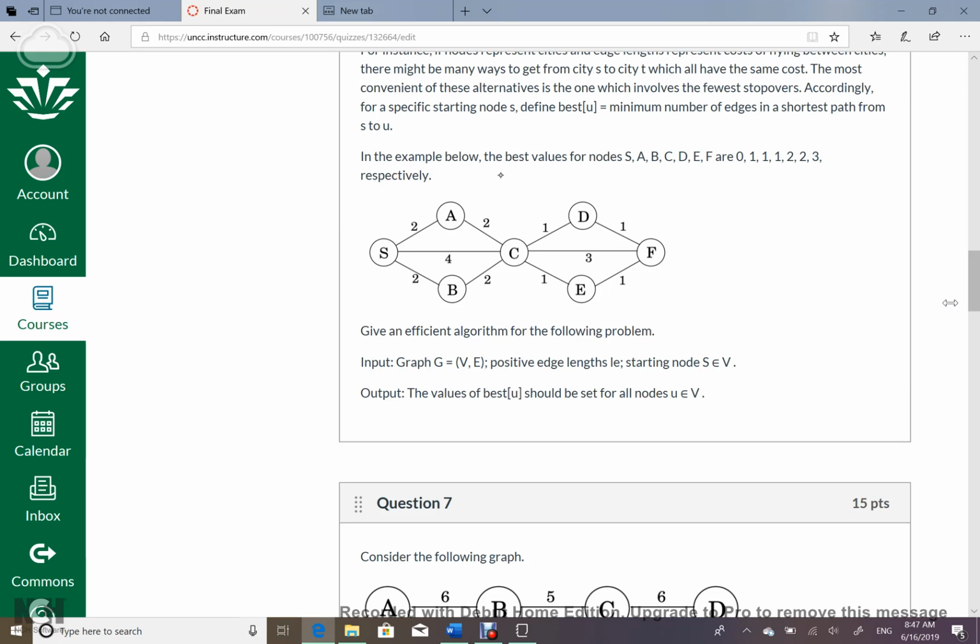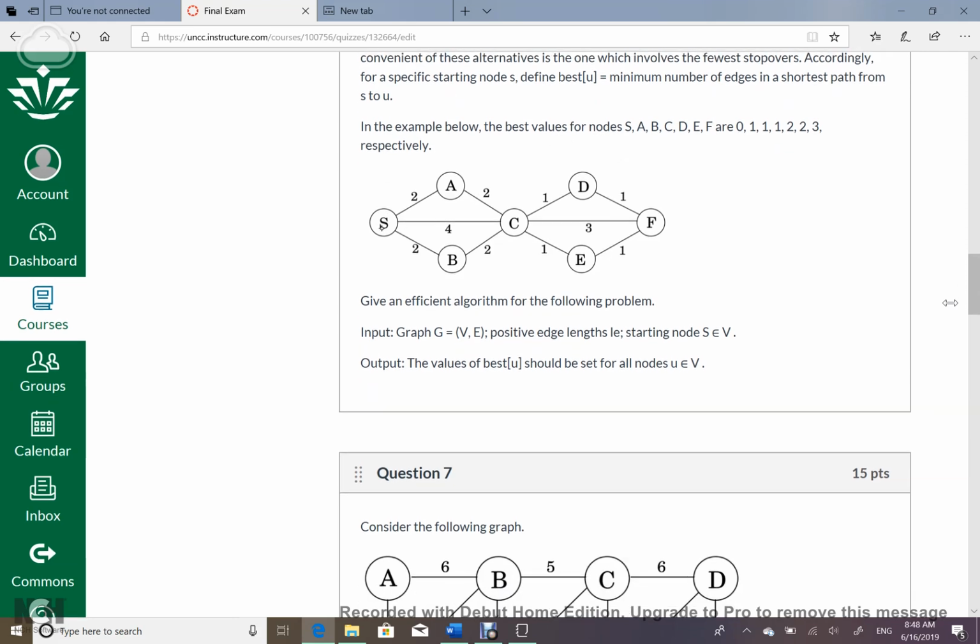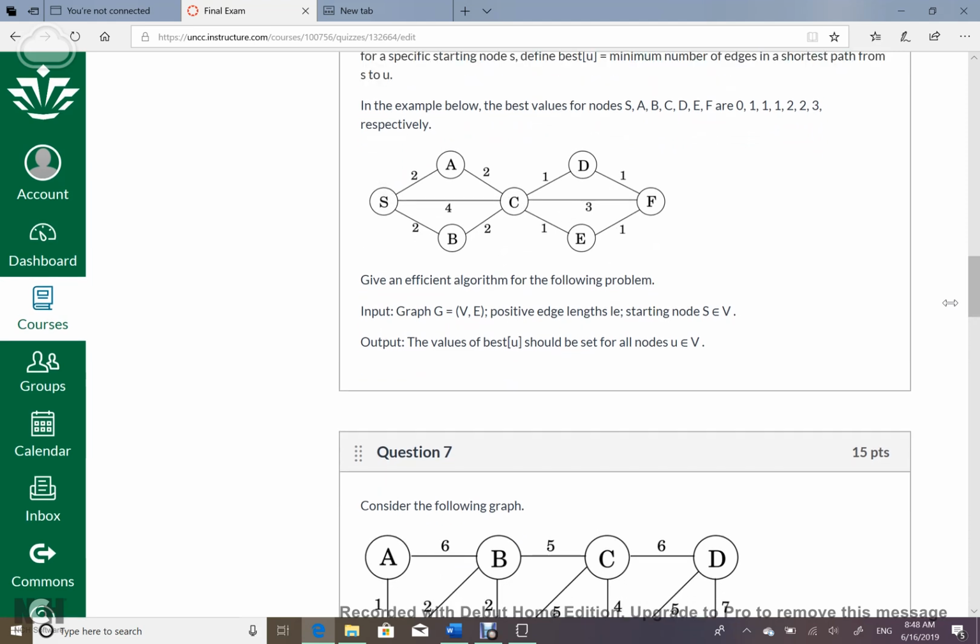In the example below, the best values for nodes S, A, B, C, D, E, F: S to A, just one step, S to B, one step, S to C, one step, S to D, two steps, S to E, two steps, S to F, also S to F, how many steps?